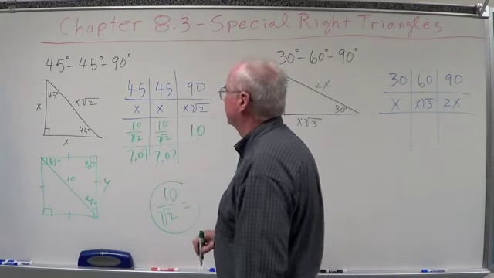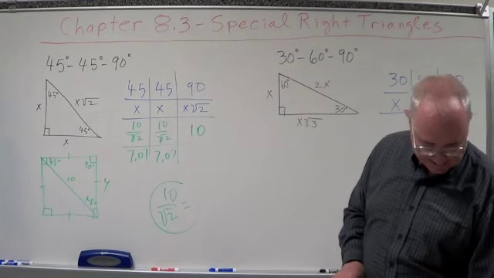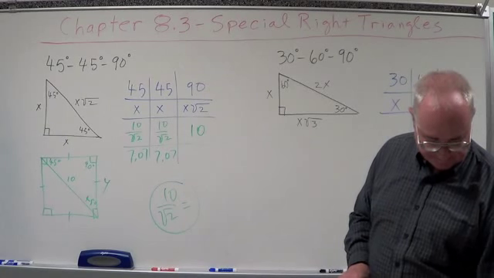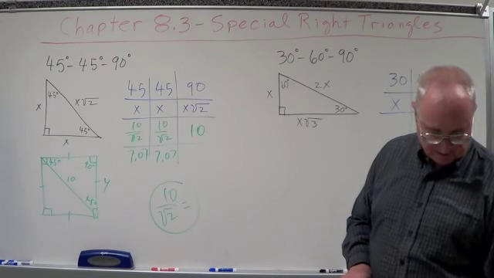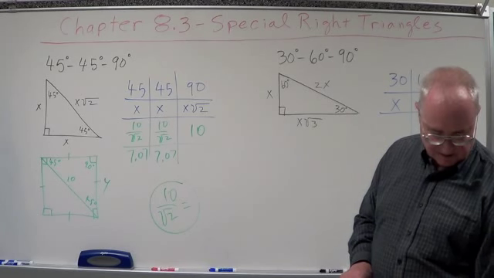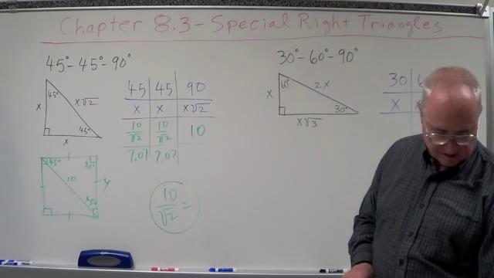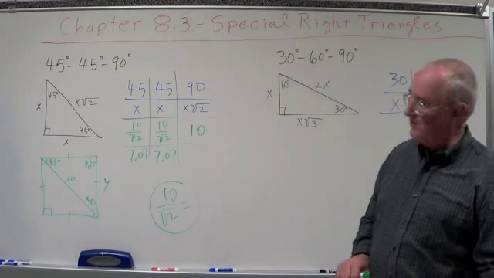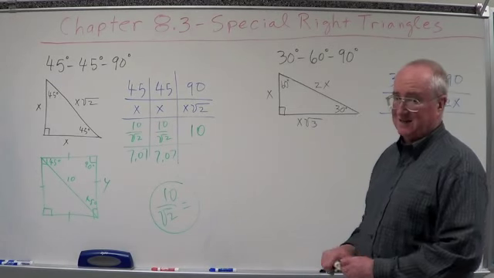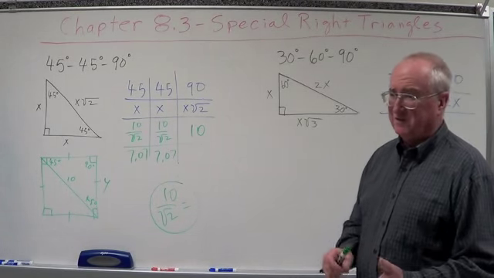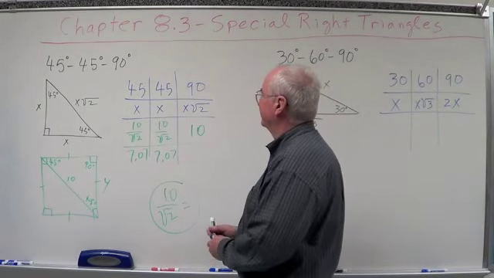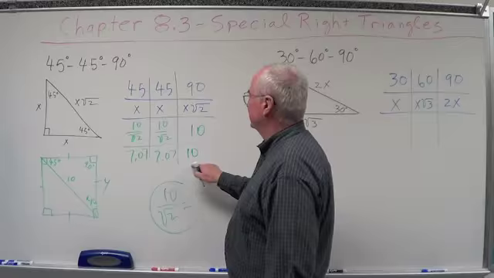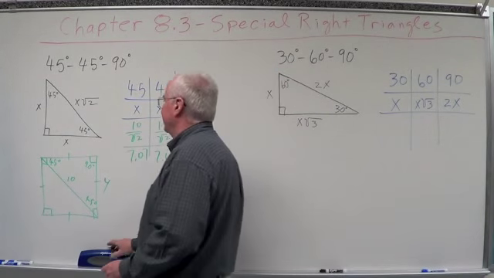Okay, so take 7.07, square it. Take the square root. Guess what you get? You get 10. Not real close to it, 9.998 something. Okay, got it? So 10 is here. That's what you're going to have there.